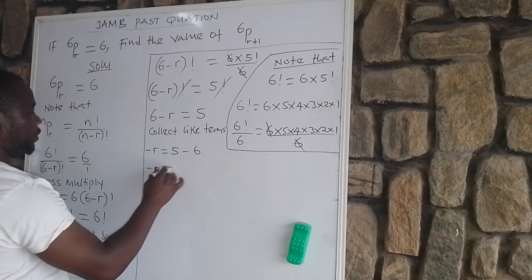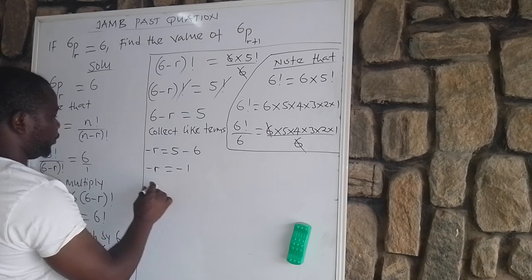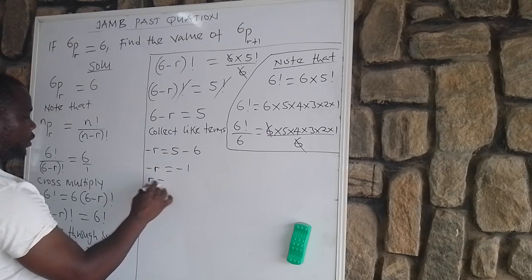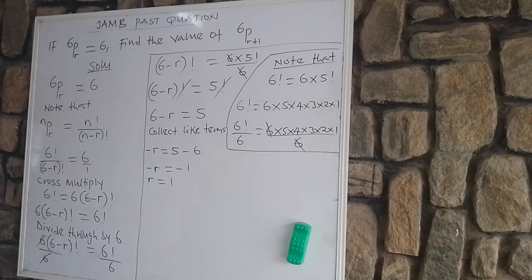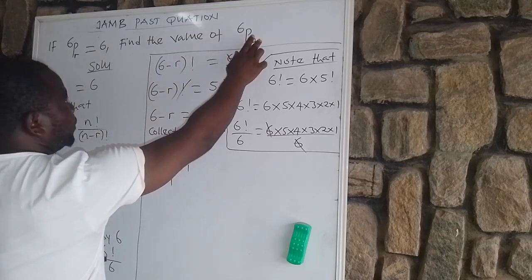So minus r equals minus 1. Minus times minus cancels, so r is equal to 1. True or false? But they said we should find the value of 6 permutation r plus 1.